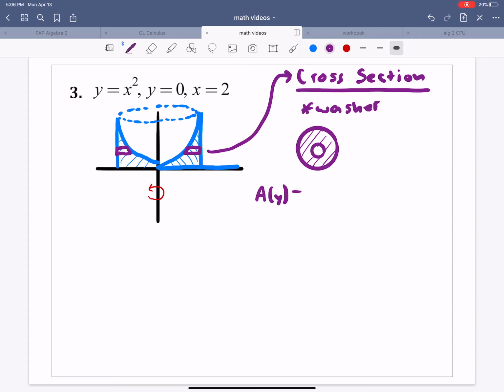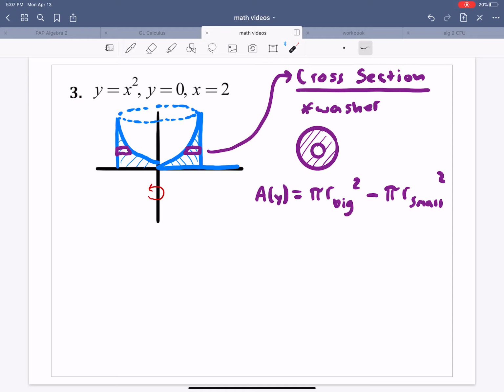So the area of a washer is the area of the big circle. So the way that we did that is we did pi r big, so the radius of the big circle, squared minus pi r small, the radius of the small circle, squared. So now the hardest part is figuring out what is the big radius and what is the small radius, okay?